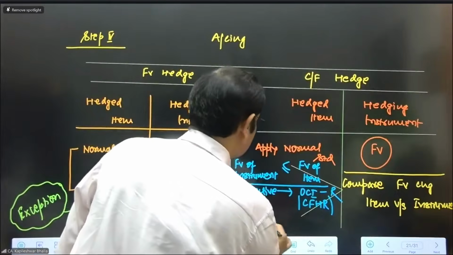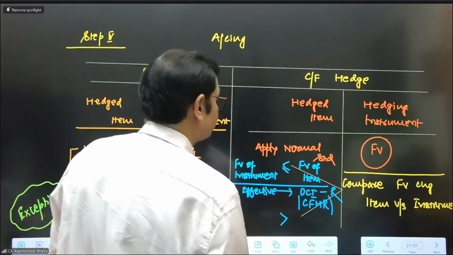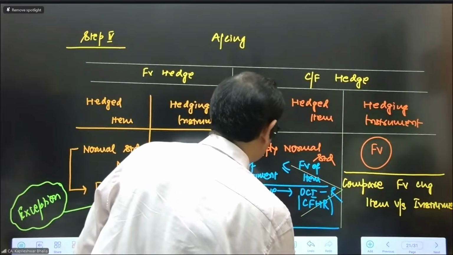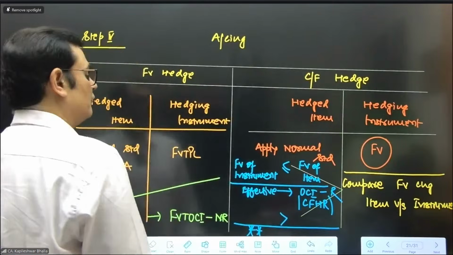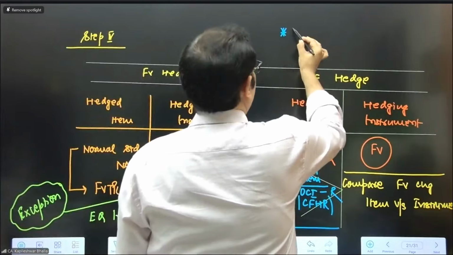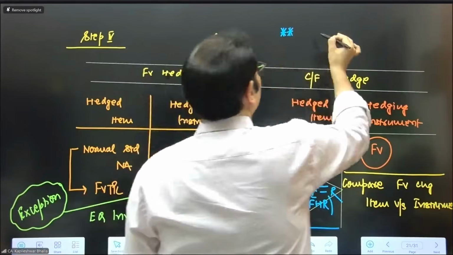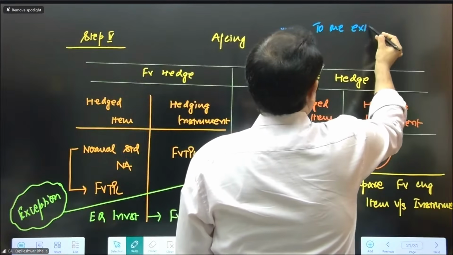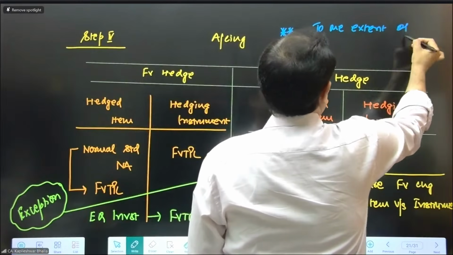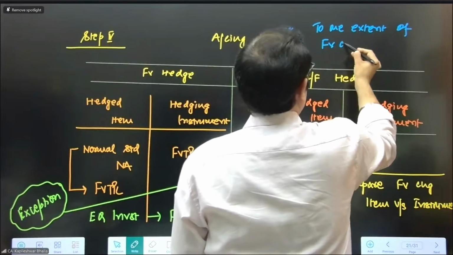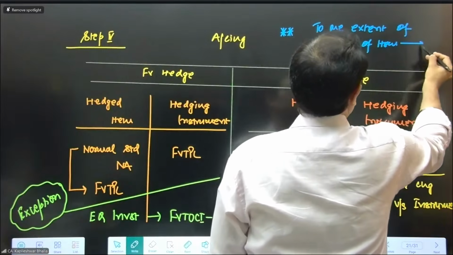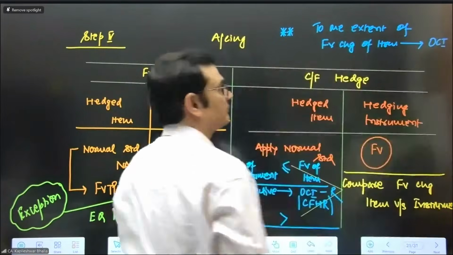And if you see the other way around, if it is greater, then in this particular case, what do you do? To the extent of the fair value change of the item, this portion goes in OCI.